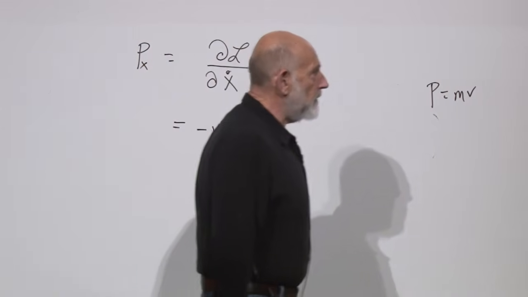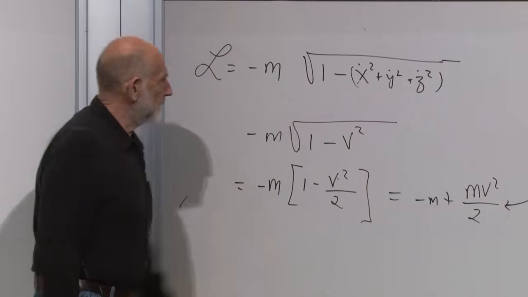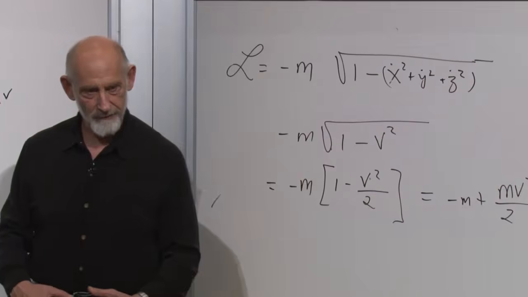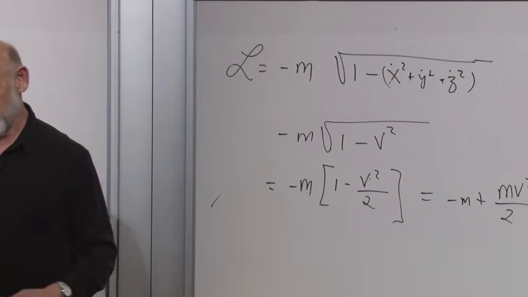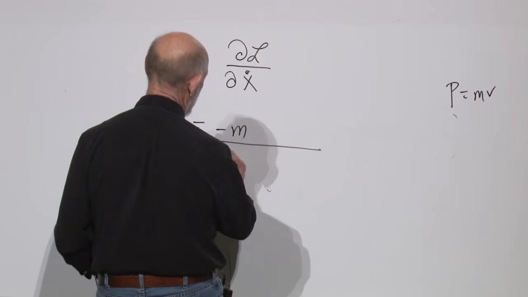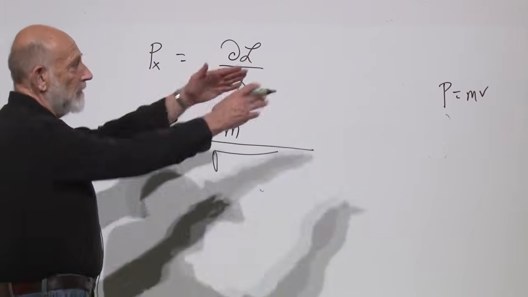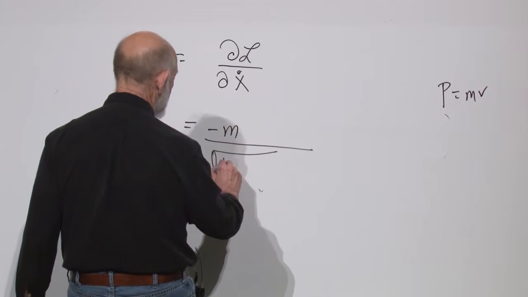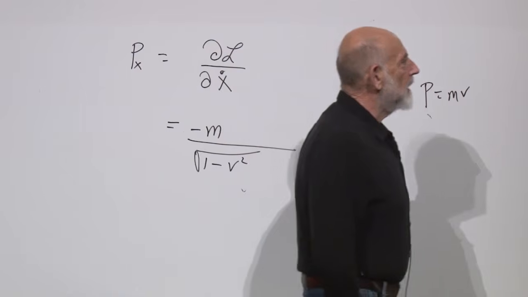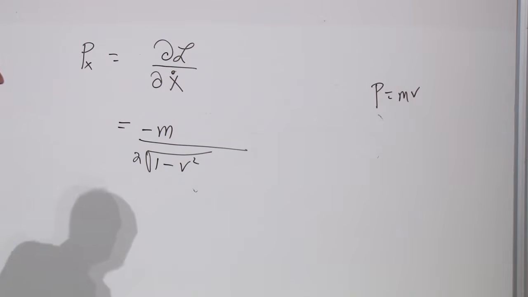Then there's a derivative of this square root with respect to x dot. All right, what do you get when you take the derivative of a square root? You get 1 over a square root of everything inside the square root, which happens to be 1 minus v squared. Yes, there's a half. Thank you. There's a half there.